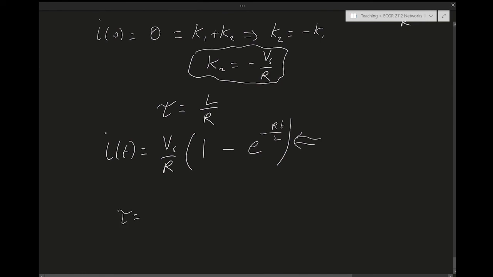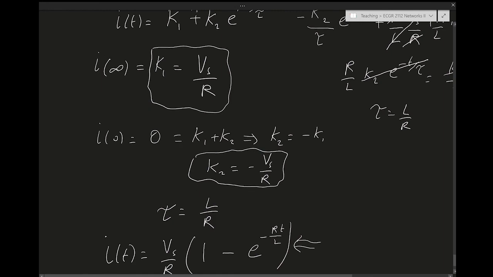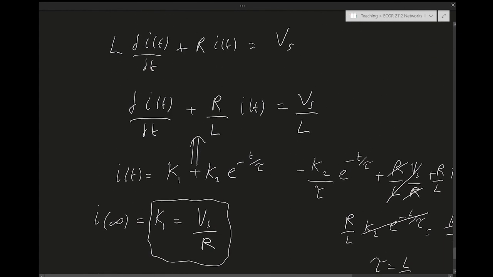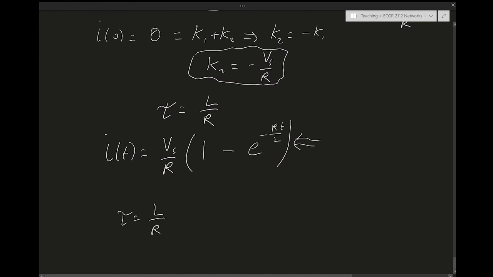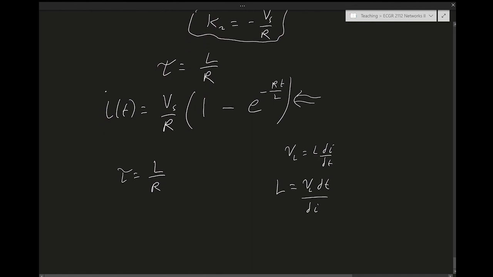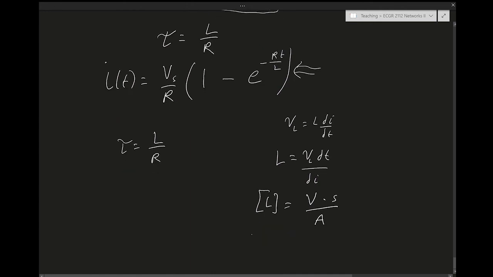So I'm claiming that tau equals, in this case, L over R. Does that make sense? Well, we know that VL equals L di by dt. So therefore L equals VL dt over di. Therefore the units of L are volt second over amp. What about the units of R?